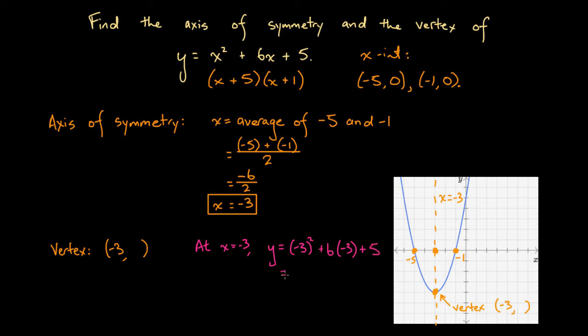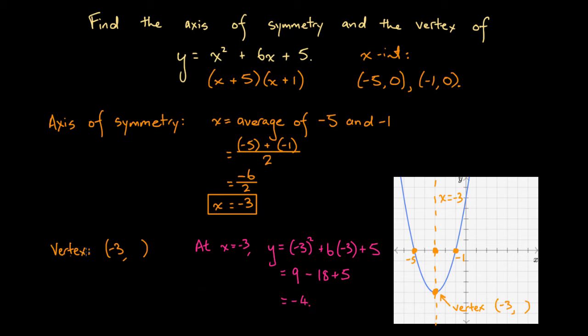Let's simplify. -3 times -3, a negative times a negative is a positive, and 3 times 3 is 9, so this is going to equal 9, plus 6 times -3, which is -18. So this is 9 minus 18, and then plus 5. 9 minus 18 is -9, plus 5 is equal to -4.